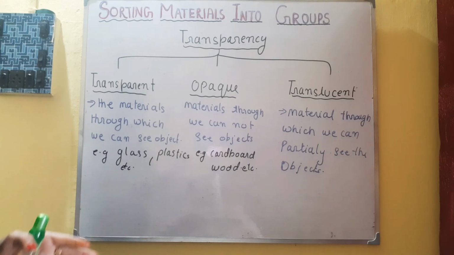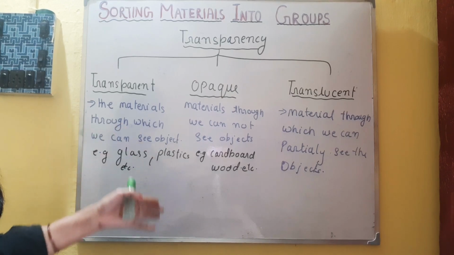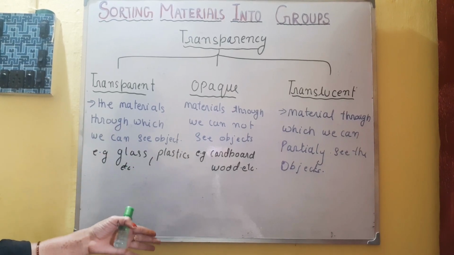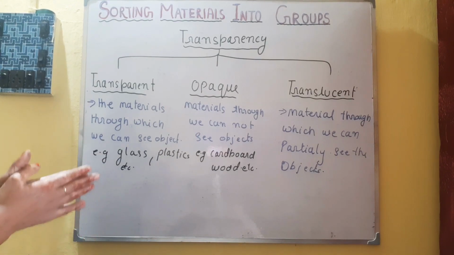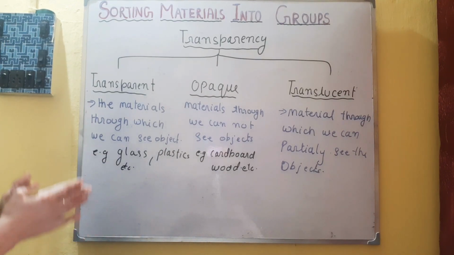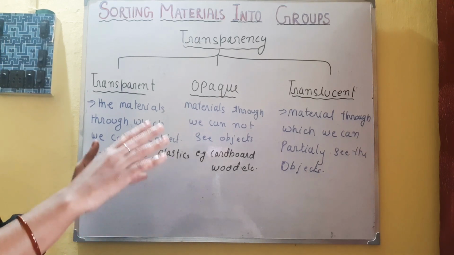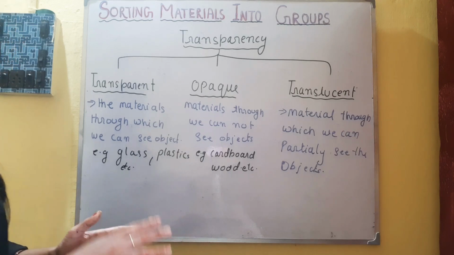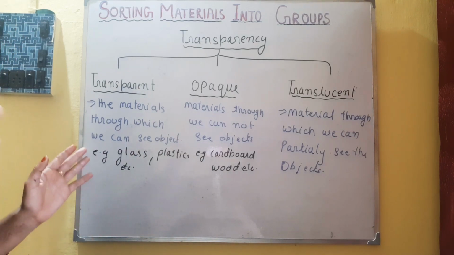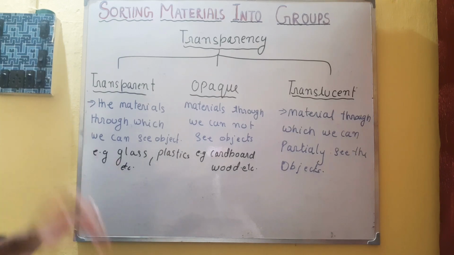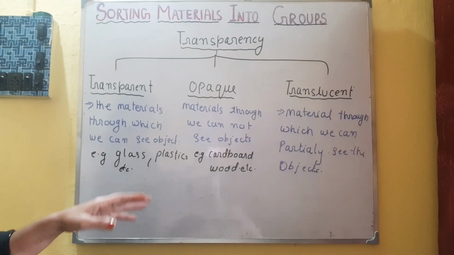Through which partially we can see the object present beyond any translucent material. Okay, so transparent is the material through which we can see the object clearly, and opaque through which we cannot see the object, and translucent are the materials through which we can see but not clearly. We can partially see the object beyond the material.